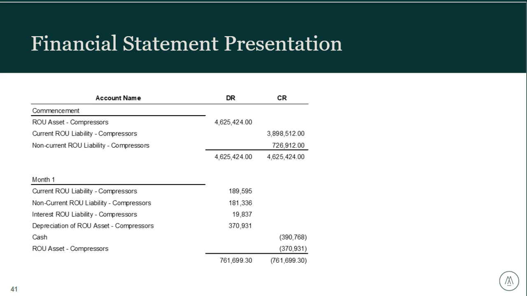That right of use asset line item at the bottom should really be accumulated depreciation, excuse me. Under an operating lease, these line items are interest on the ROU liability and depreciation of the ROU asset. In an operating lease, those two lines are combined. It's only one item: operating lease expense.